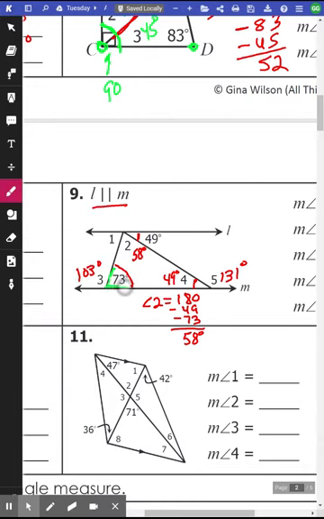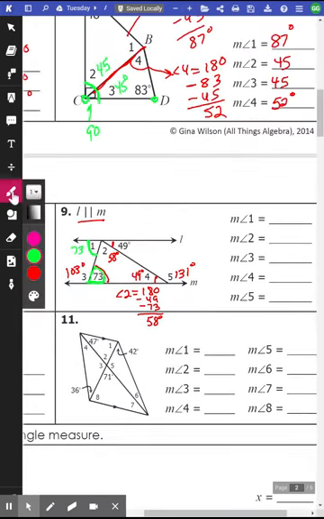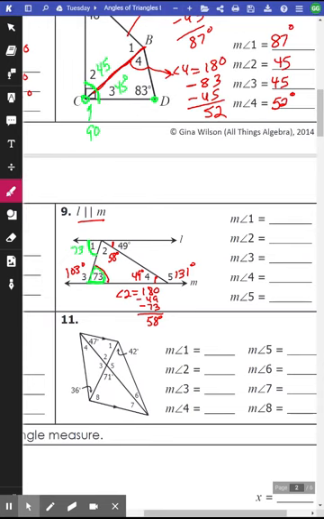This angle right here is alternating interior with number 1, so number 1 has to be 73. And we have all our answers. Number 1, 73. Number 2, 58. Number 3, 103. Number 4, 49. Number 5, 131.